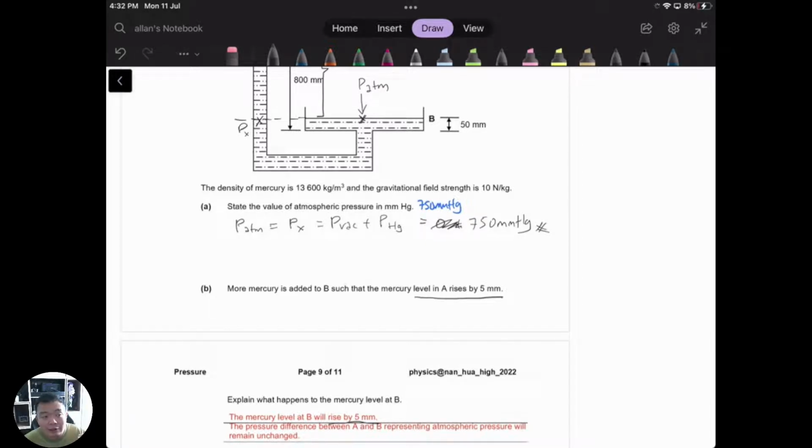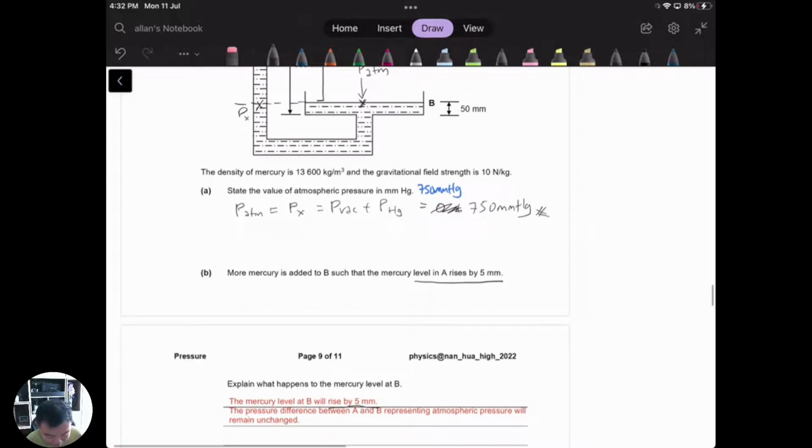So no matter how much mercury we have, the levels can be very high or very low, but the difference in the level will be kept at 750 mm. Okay, so this is for part B.